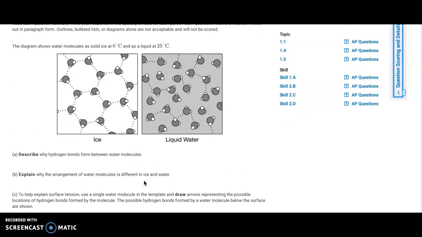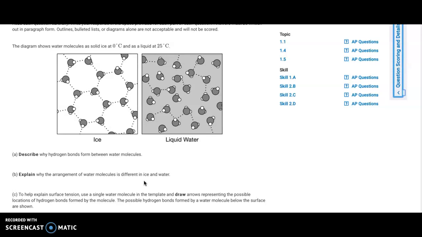So first, describe why hydrogen bonds form between water molecules. To get full credit on this question, you needed to discuss the concept of polarity within an individual water molecule.